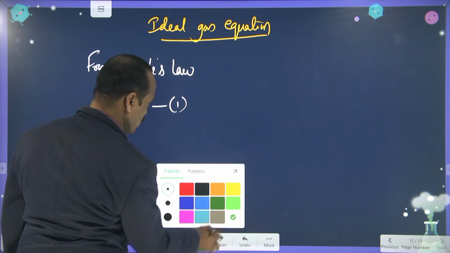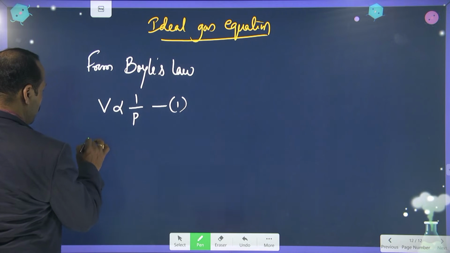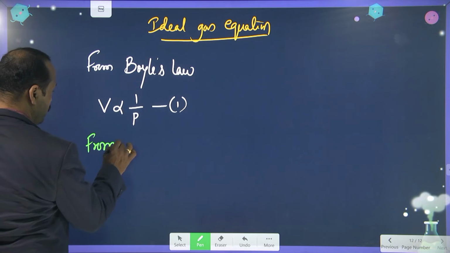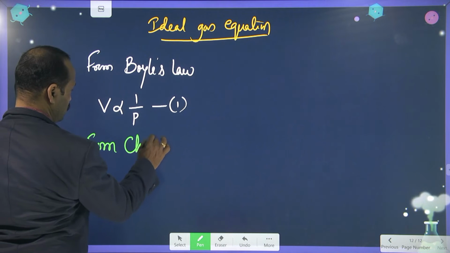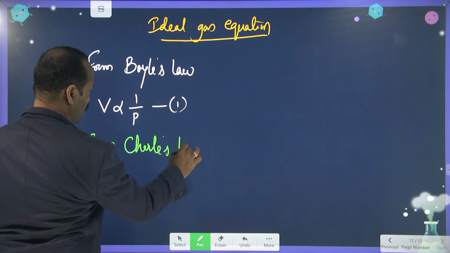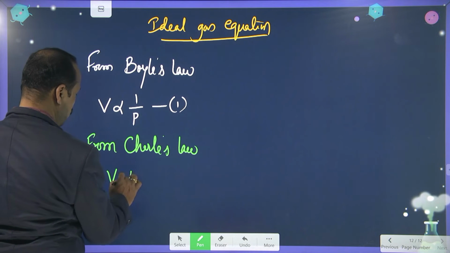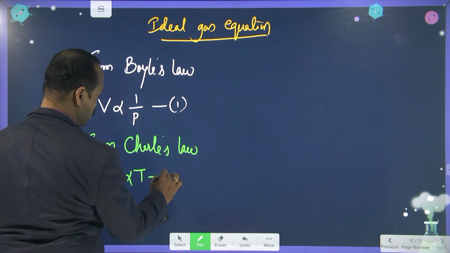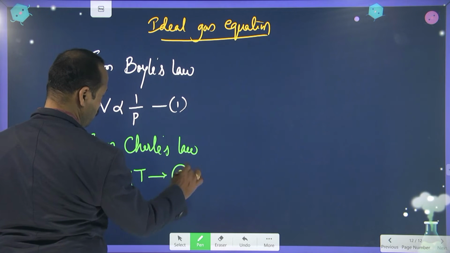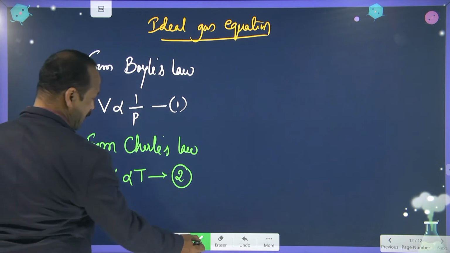Now second one. Second one, which one? From Charles' law. What we have in Charles' law? V is directly proportional to T. Yes or no? This is the second law.